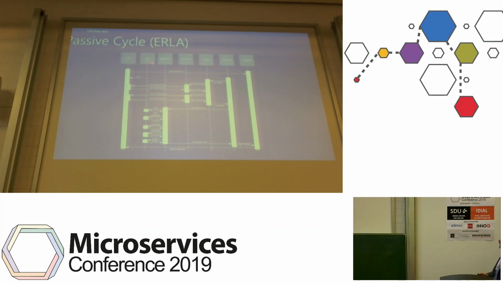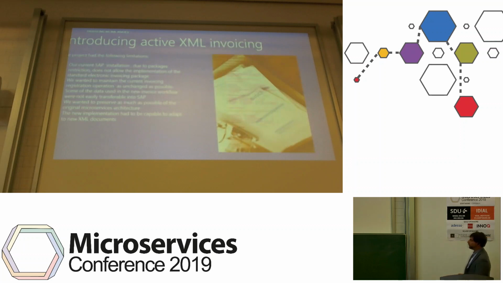Again, the master of this workflow is SAP, and then we do pretty much the same. We go and collect the data, make it coherent with the document, and then store it in our document management system.